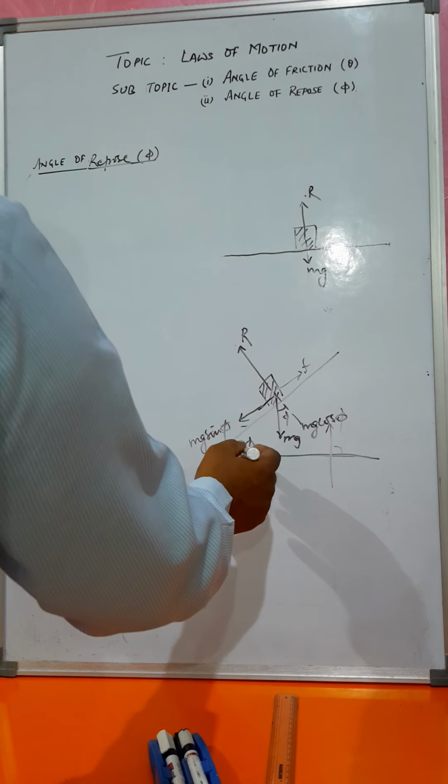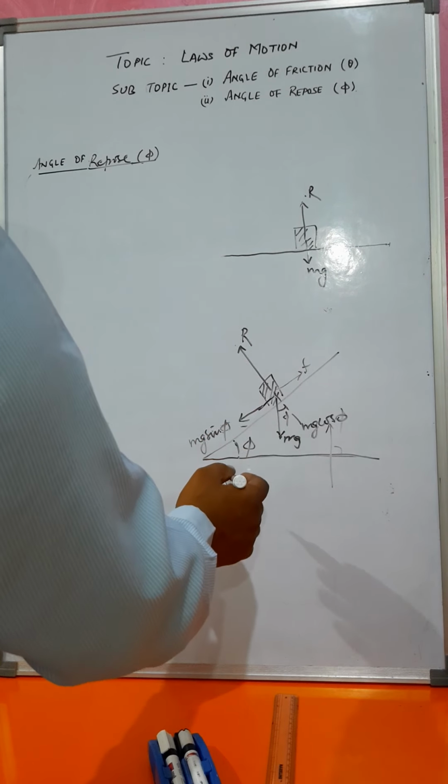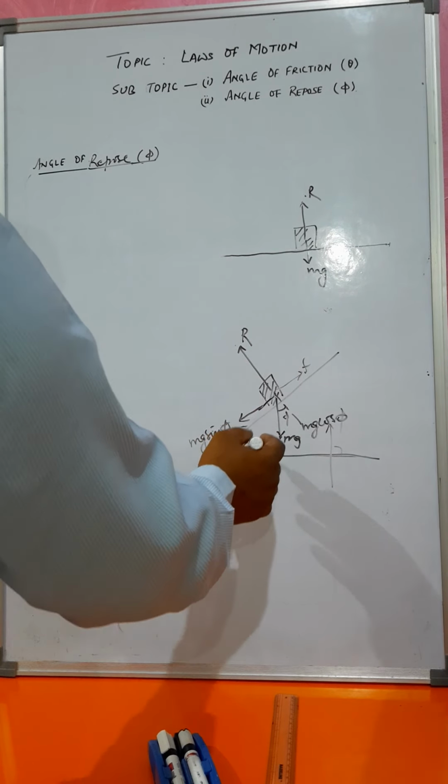So the maximum angle up to which the body remains stationary on an inclined plane is called the angle of repose.